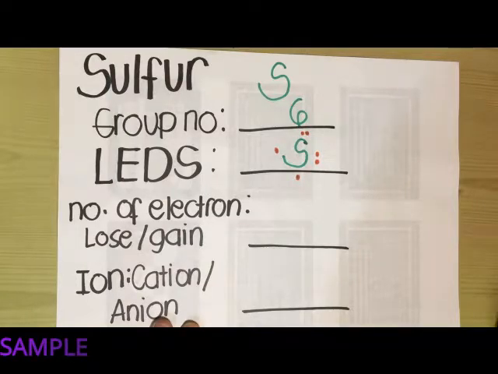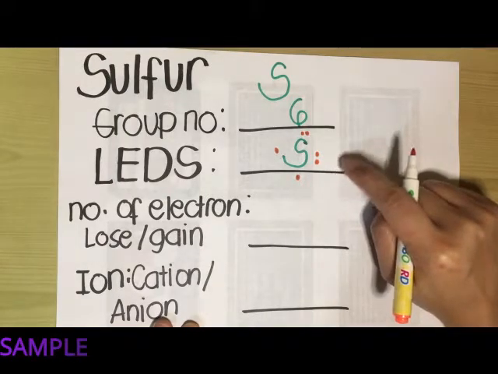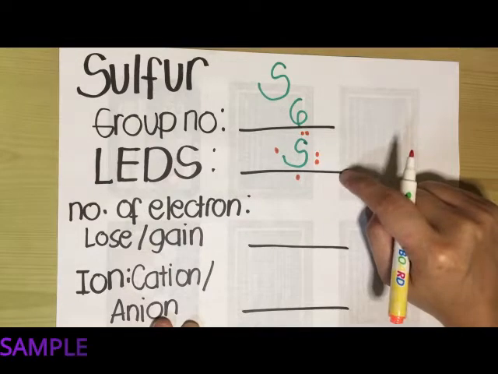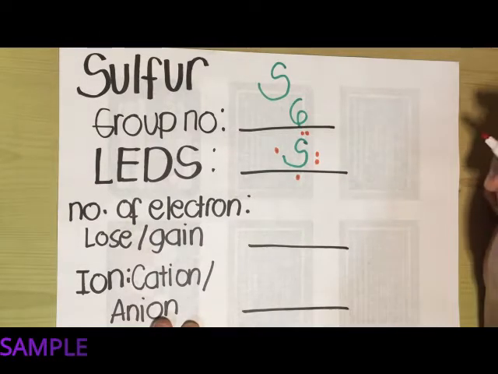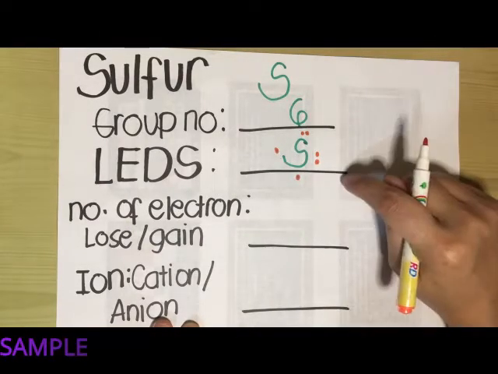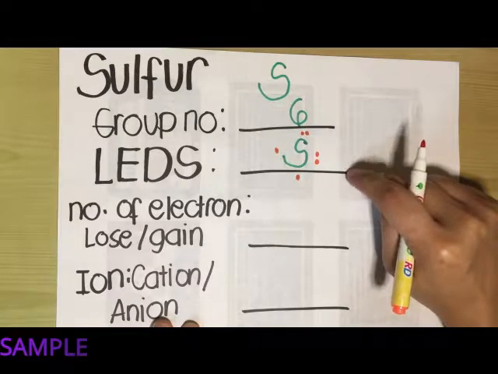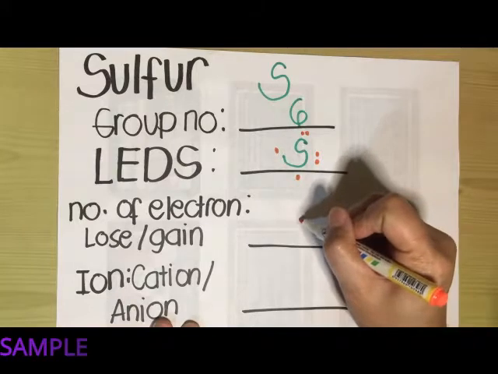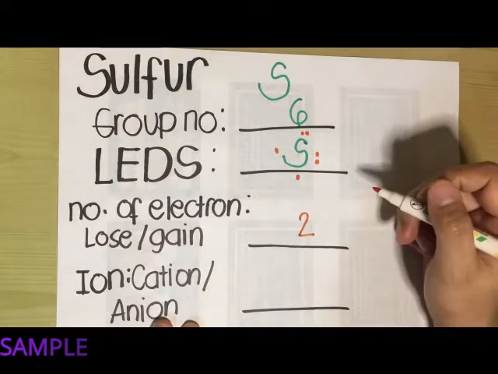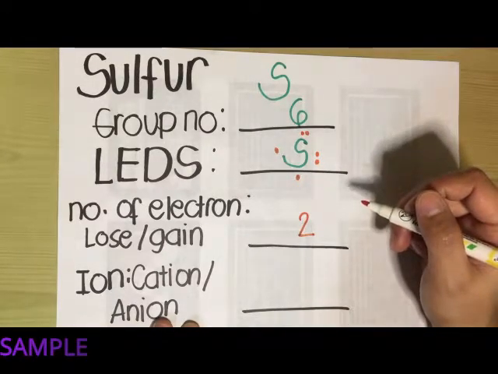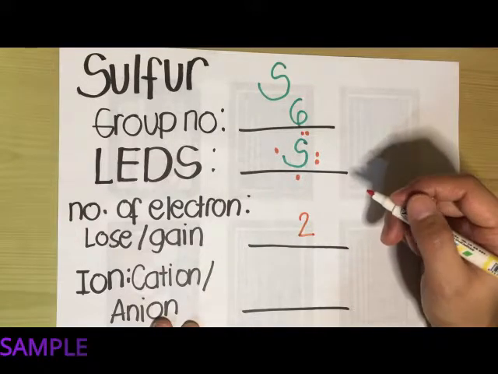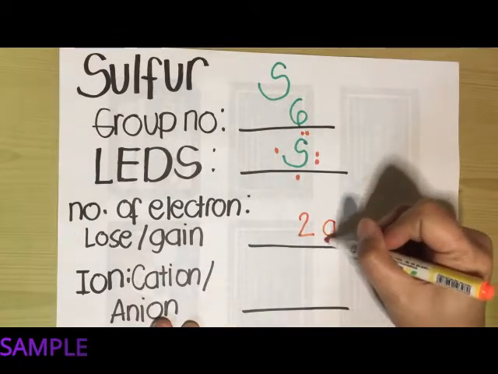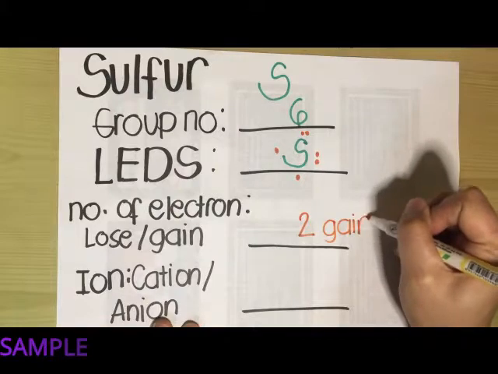Okay, si sulfur, ilan na lang ang kulang niya para maging 8 yung kanyang valence electron? Meron na siyang 6. 2 na lang yung kanyang bubunuin na electron, diba? So, 2 yung kailangan niya. Kailangan niya mag-gain para maging 8 siya, diba?